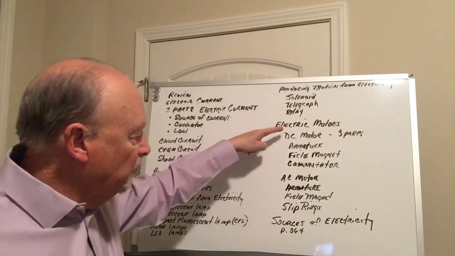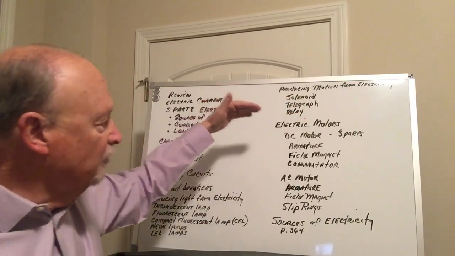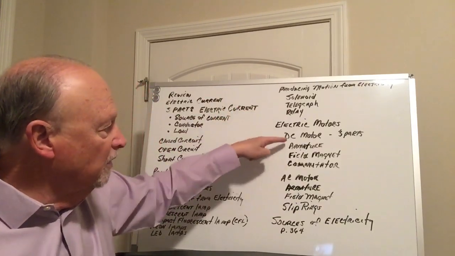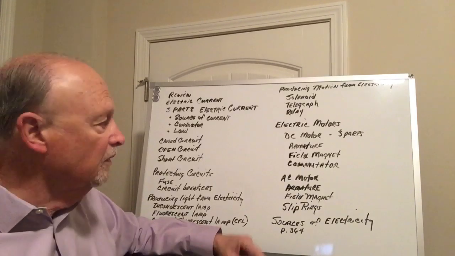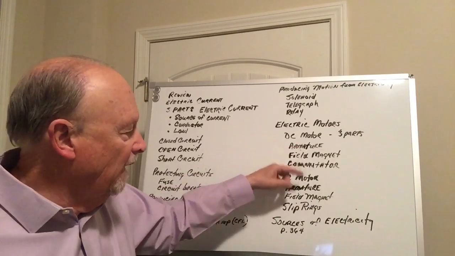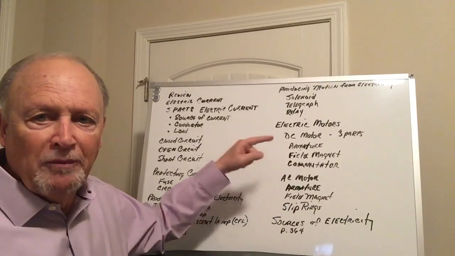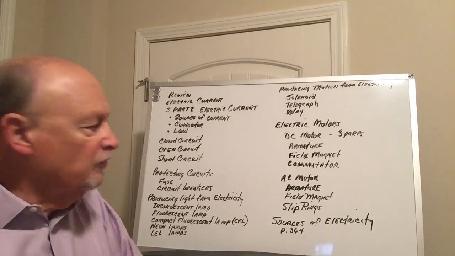Then we talked about electric motors yesterday. In our last class, we talked about electric motors, and we talked about the DC motor. And there's three parts to the DC motor. That is the armature, which is an electromagnet, and then we have what's called a field magnet, which is the permanent magnet of this motor.